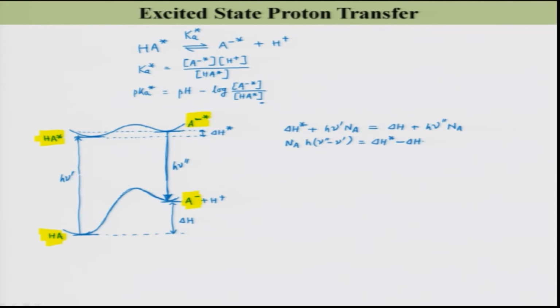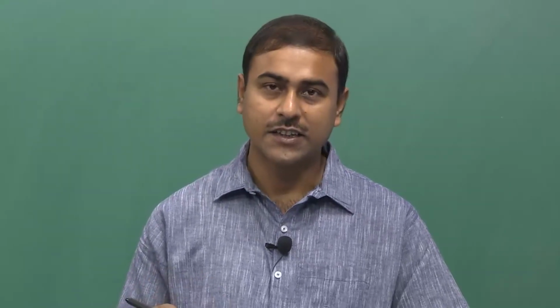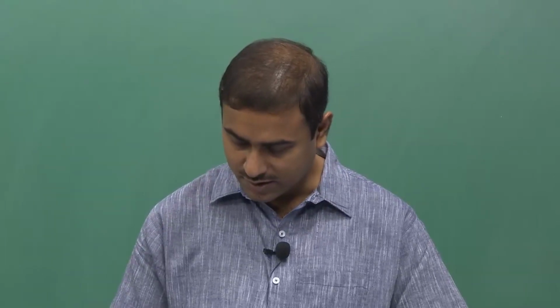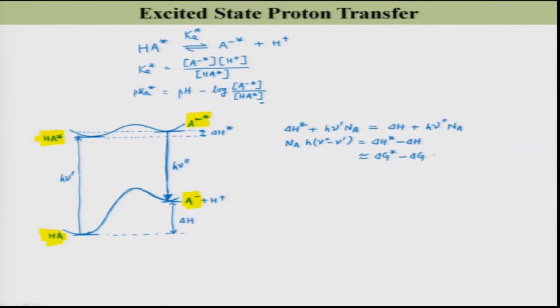Now, this delta H can be written as delta G if I consider the change in entropy in both the cases are same. So, this can be written as delta G star minus delta G, under the assumption that delta S star is equal to delta S for ionization, and this is a valid assumption.